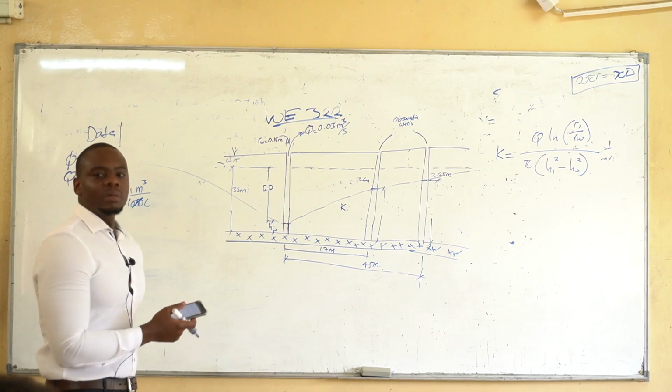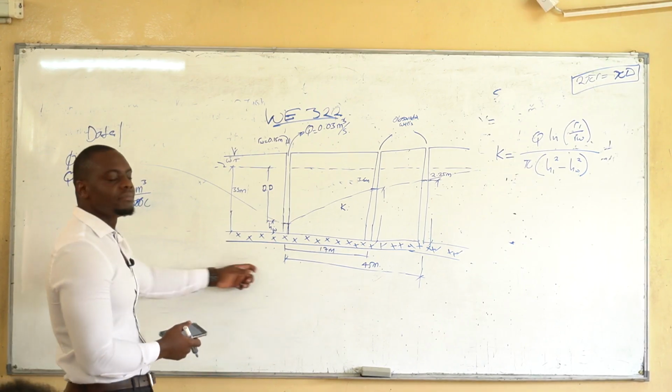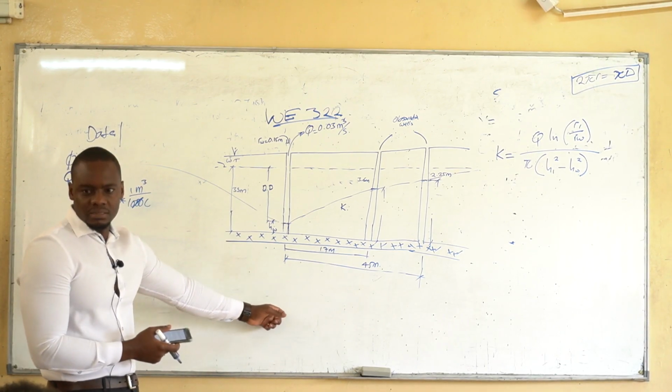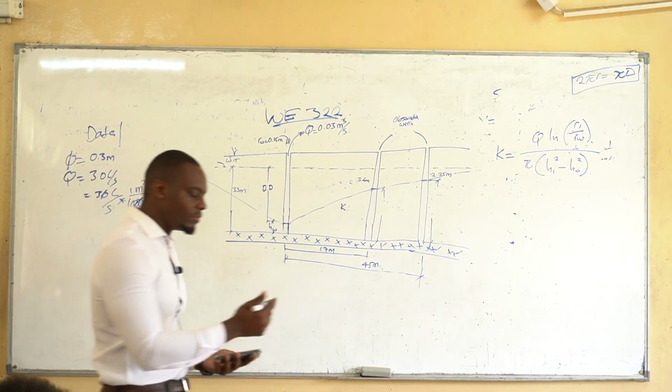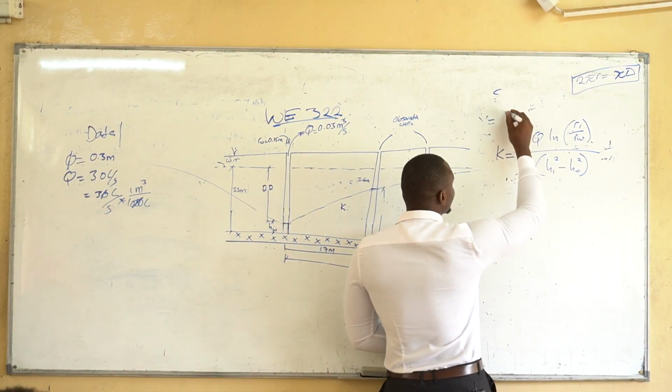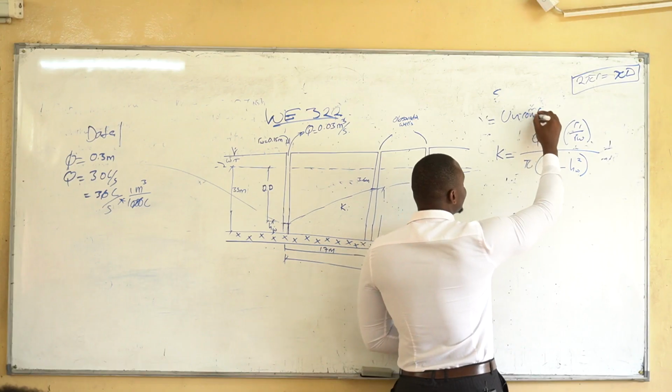So we're not using the one with the depth, right? Because this is unconfined, and that's the formula for the unconfined. Let me just put it here. So, unconfined.